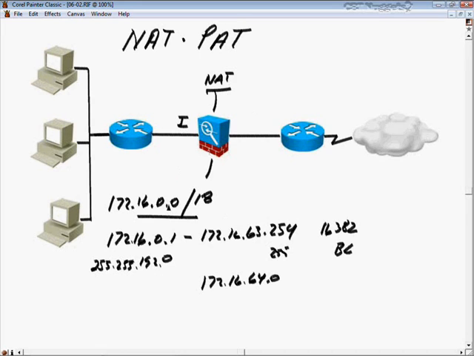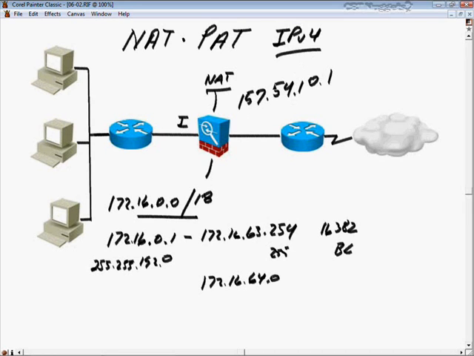So what we're going to do is use NAT to allow us to use any old addressing scheme we want, and then we'll translate that into a public address, or let's say a routable address, like 157.54.10.1 out here on the internet. It accomplishes two things. We are able to get around the limitations of running out of IP version 4 addresses.